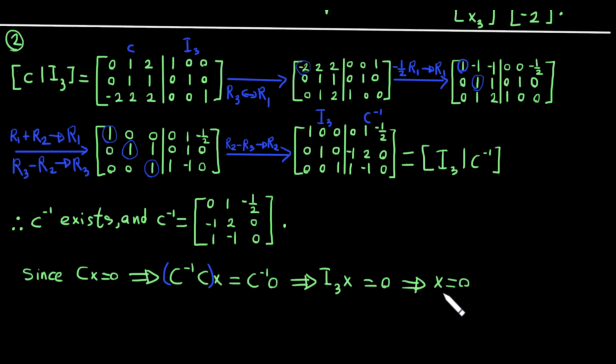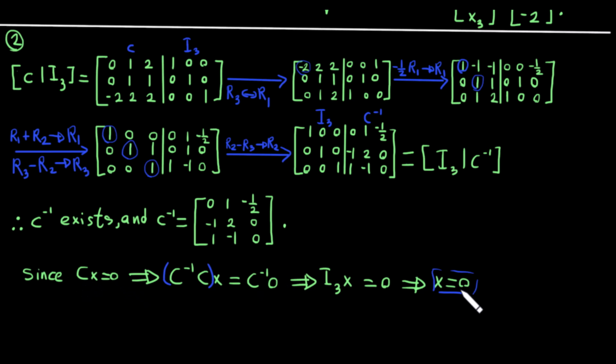Since we have x equal to 0, and of course C inverse exists, you can see that the solution is unique, not infinitely many solutions. You can say from here, since C inverse exists, then it has a unique solution, or you can do it like what we did, and you will get a full mark.